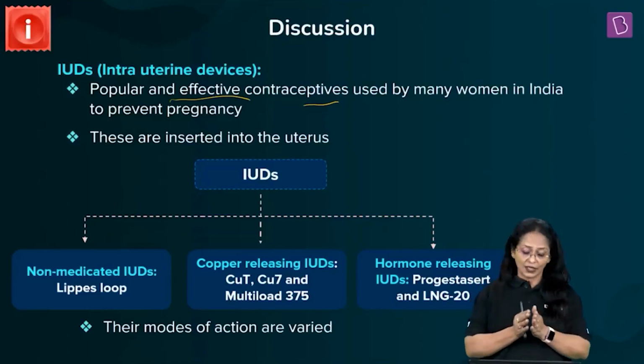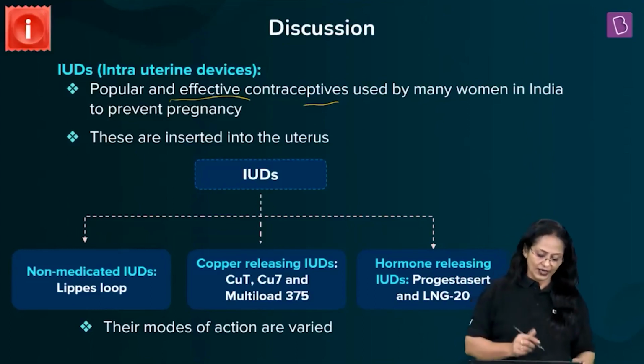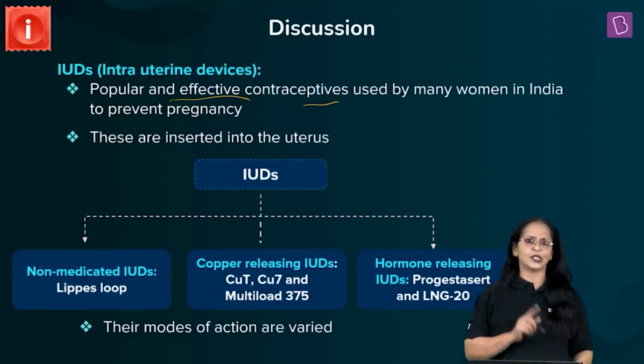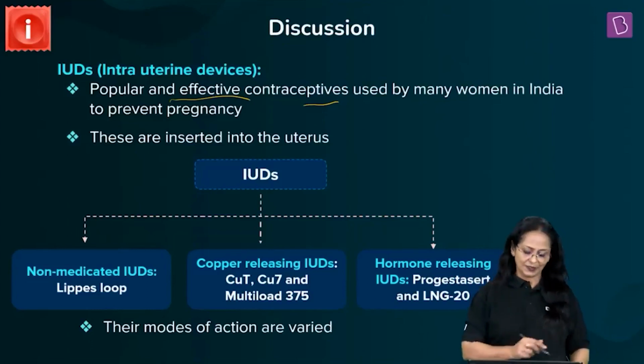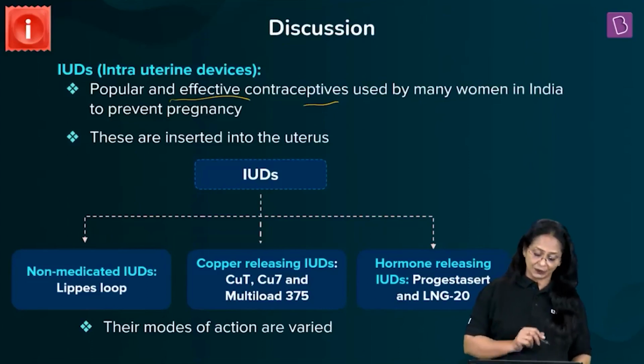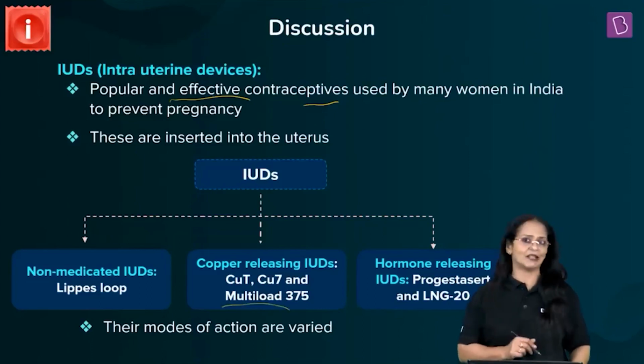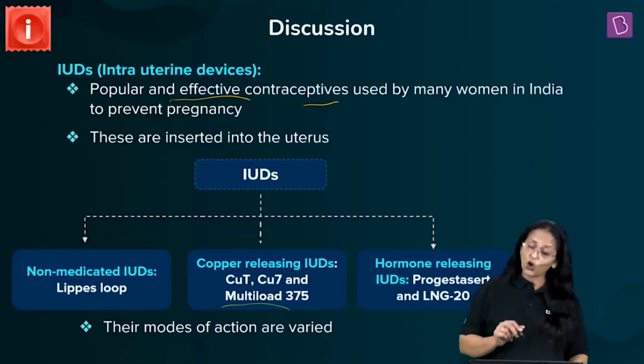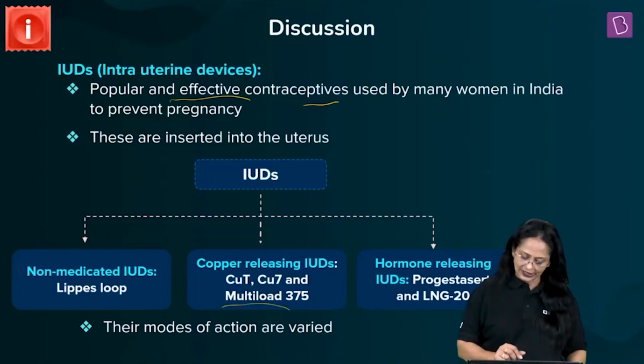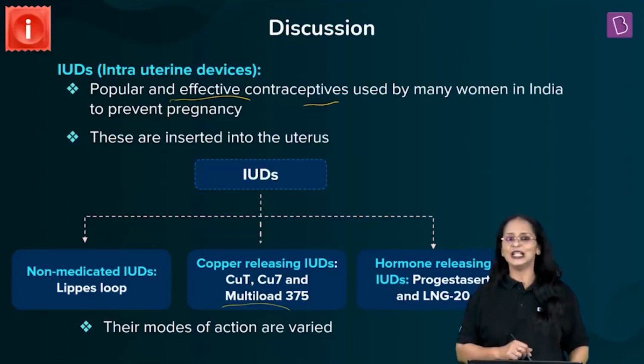Now, IUDs are categorized under three groups. We have the non-medicated IUDs. Lippes loop comes under them. Then we have the copper-releasing IUDs, such as the copper T, copper 7 and multi-load 375. And then we have the hormone-releasing IUDs, such as progestasert and LNG 20.